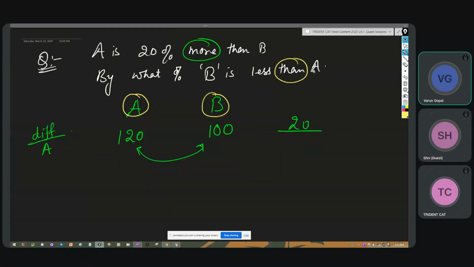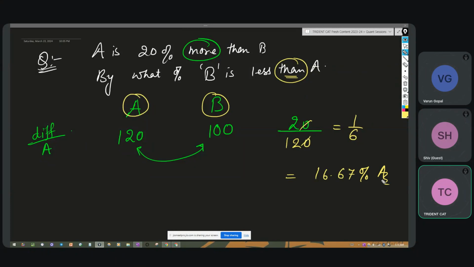Whatever comes after this 'than' will be in the denominator. So the denominator will be 120. Make sense? Both of you guys make sense?